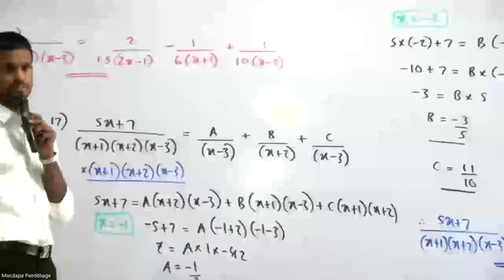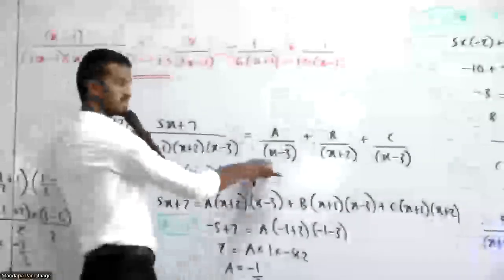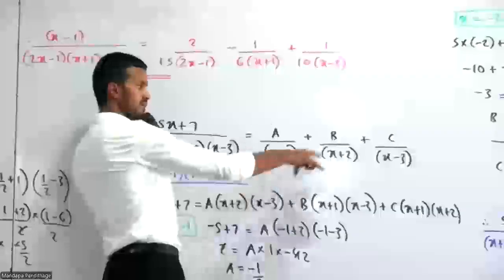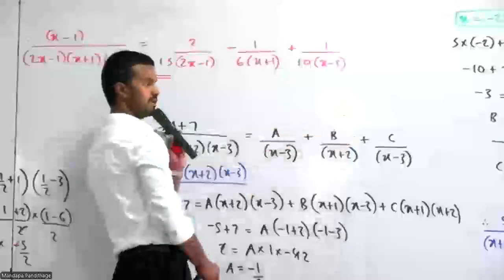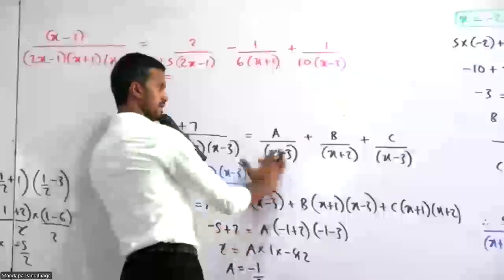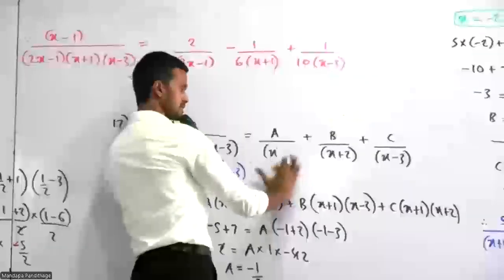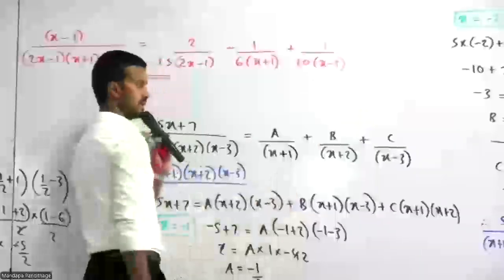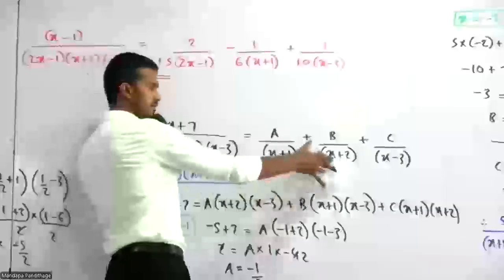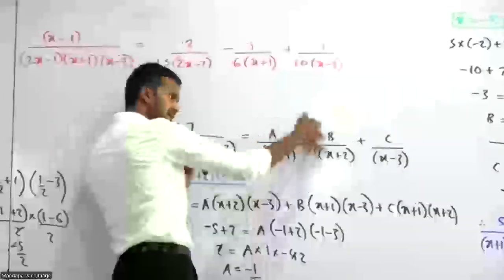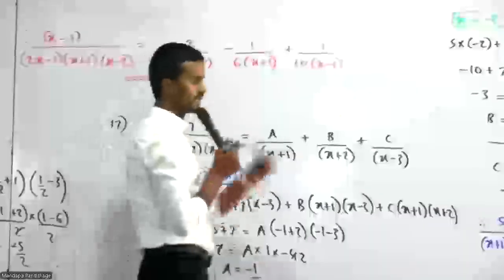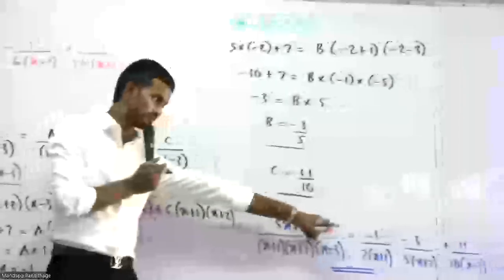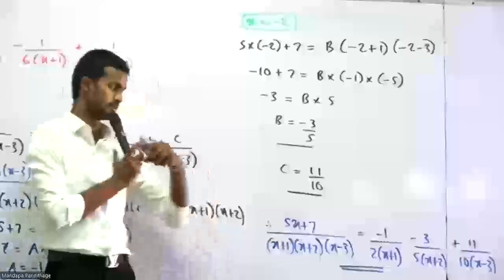No, it's not the same because you have changed this one. Then your a will be 11 over 10. So always keep in mind, according to what we have considered as the numerator, the a, b, c terms can change, but the final answer should be the same.